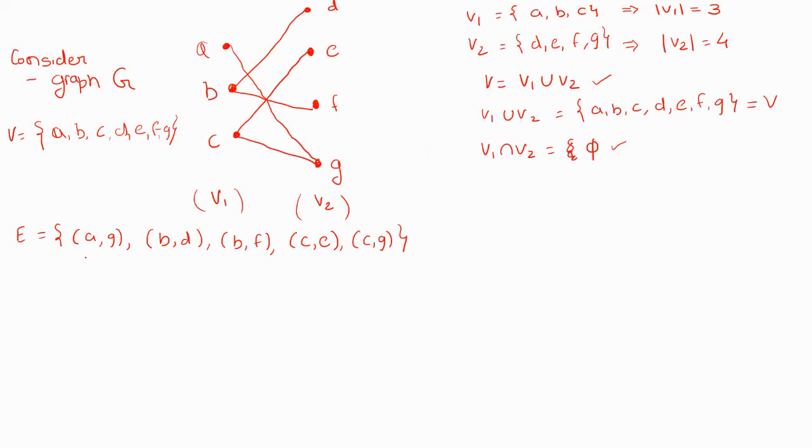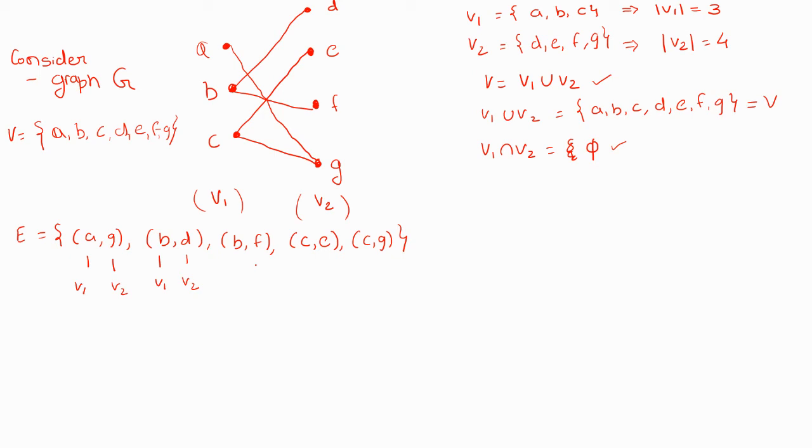Okay. Now every edge, let's suppose this edge, now this connects a vertex A to G. Now A belongs to V1 and G belongs to V2. Similarly, this BD, B is a vertex from V1 and D is a vertex from V2.